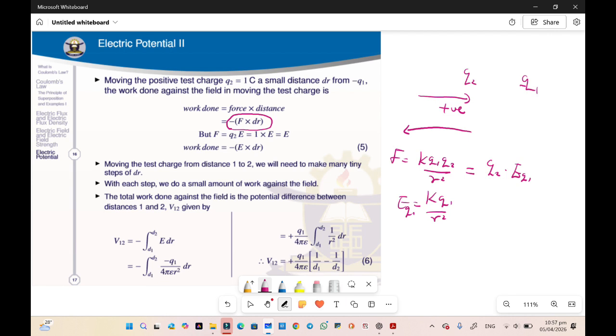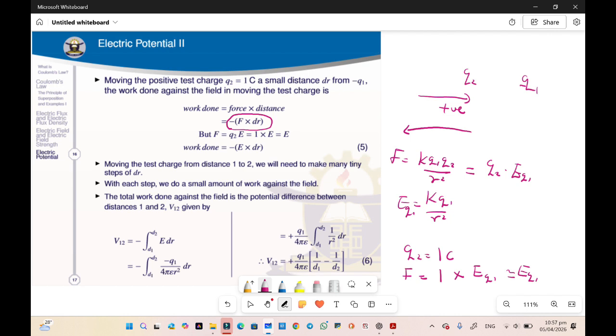And since Q2 is equal to 1 coulomb, then we can say that the force is equal to 1 coulomb times the electric field of Q1. So this will be approximately the electric field of Q1 because Q2 is 1 coulomb. Please, let's keep that in mind.